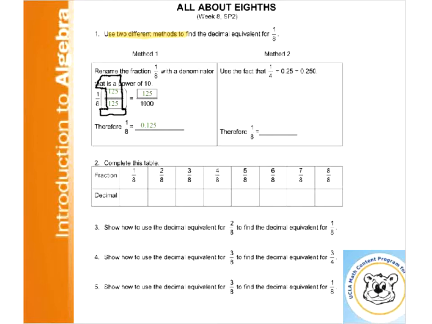Now the other method is basically using a fraction fact that we know to figure out what 1/8 is. So we figured out that 1/4 is equal to 25/100, or 0.25. And I know that 1/8 is 1/2 of 1/4.